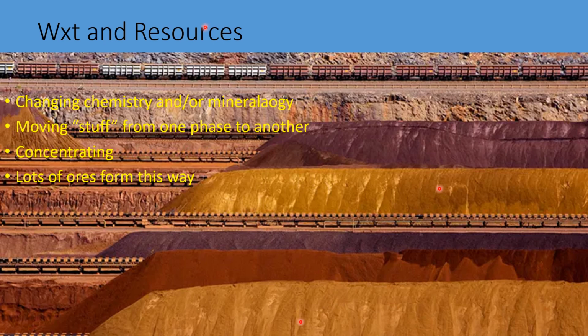But weathering is what causes it to oxidize from whatever, the olivines or whatever it was to start with, and end up as this iron oxide that is easier for us to extract. Working with silicates is a bear. You don't want to do that if you can help it.